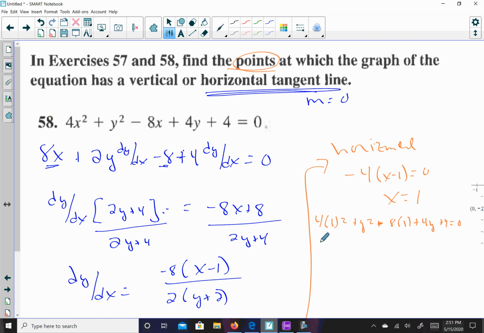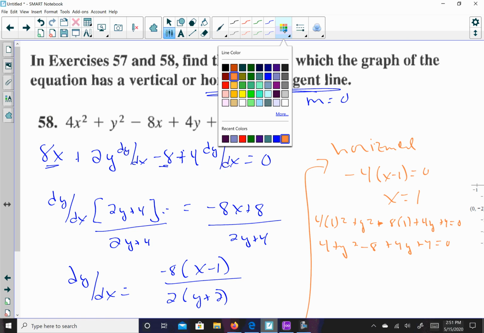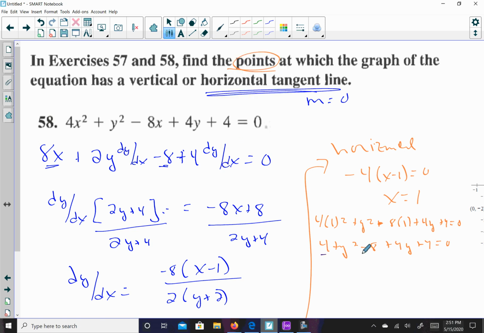So this will be 4 plus y squared minus 8 plus 4y plus 4 is equal to 0. Well, the 4, negative 8, and 4 all equal 0. So I'm left with y squared plus 4y is equal to 0.